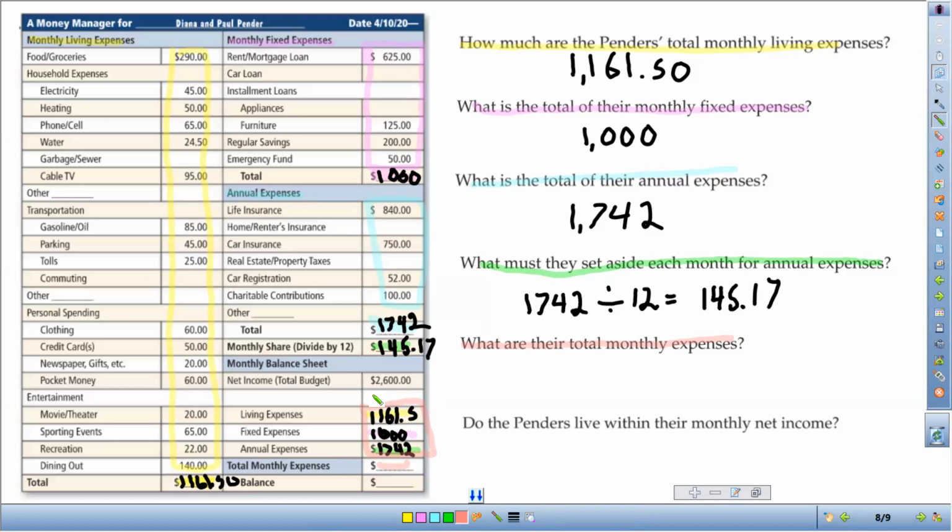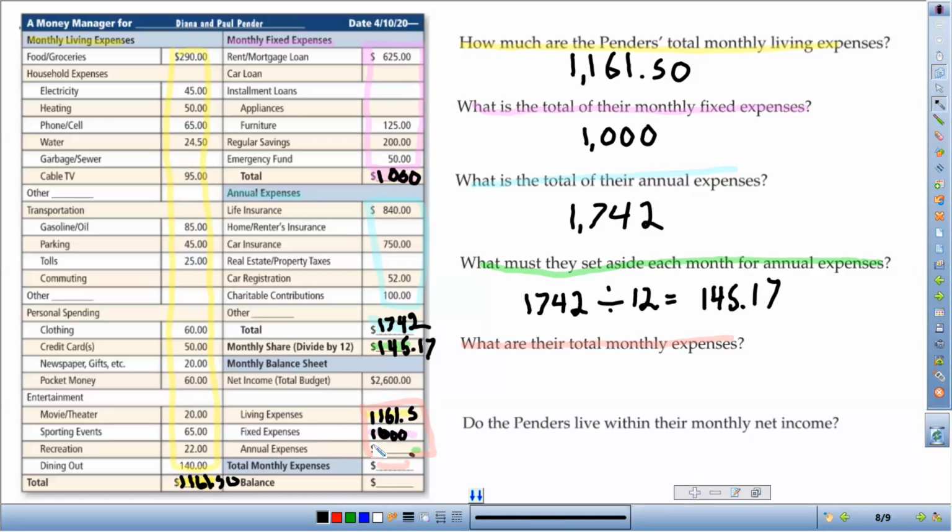So 1,161.50 plus 1,000 plus 1,742. That comes out to, nope, I added the wrong number because it's not the 1,742 that we need. We need the 145. I put the wrong number there.